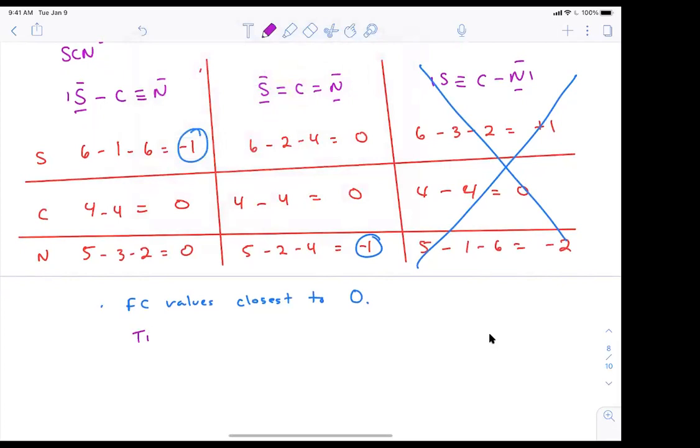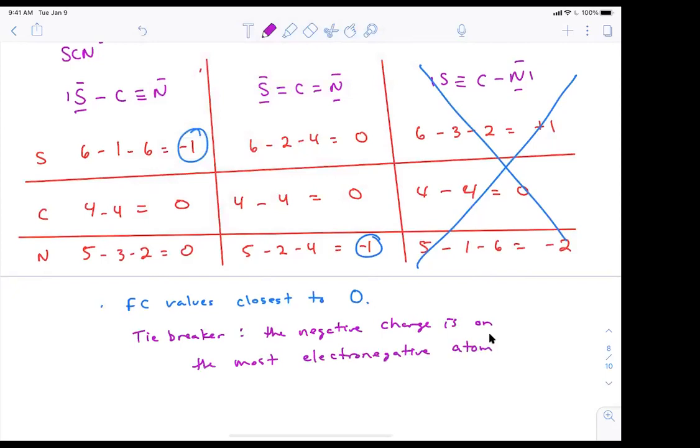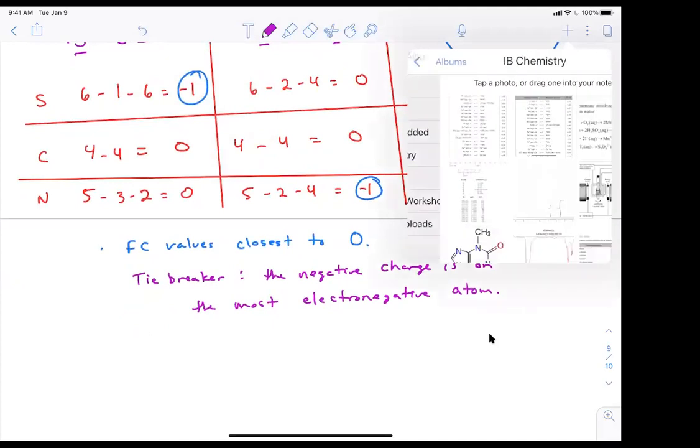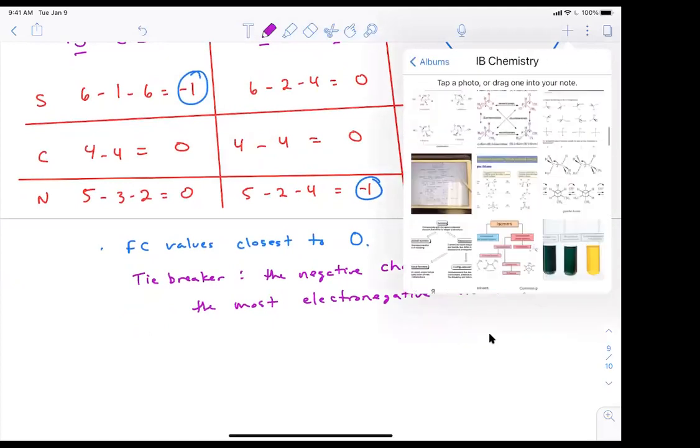Okay, let me write it out. Your tiebreaker is the negative charge is on the most electronegative atom. Okay, so if you have a tiebreaker here, let me pull up my electronegativity. I don't think S and C are the same.